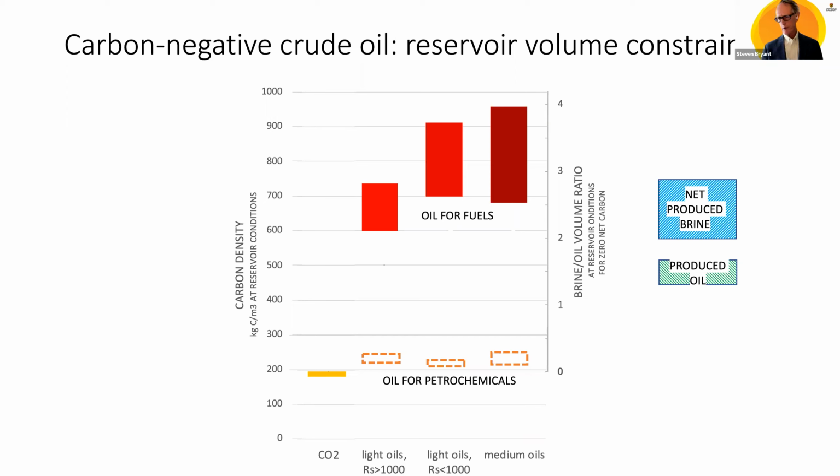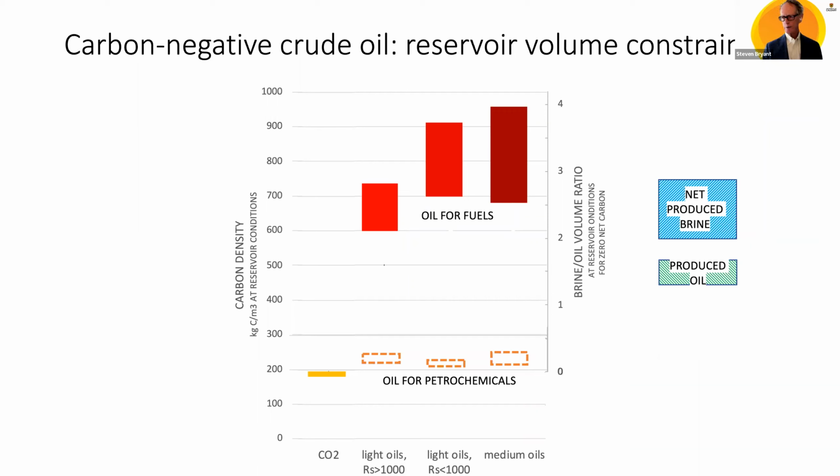The carbon density of the oil is considerably greater than the carbon density of the CO2. So if we wish to be net negative, it doesn't suffice simply to replace the produced oil volume. You must also make some extra space, because the CO2 is a less efficient reservoir of carbon than the oil.